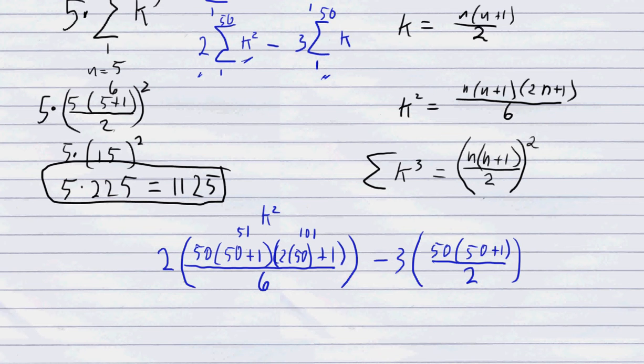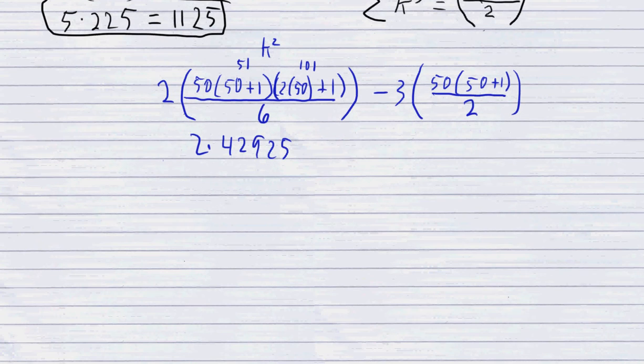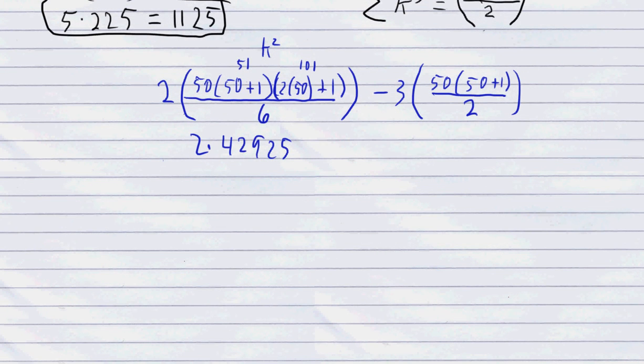So we are doing 50 times 51 times 101, all divided by 6. And so, according to my magic machine, that is 42,925 times 2. Scroll down again here. Okay, so times 2 is 85,850.